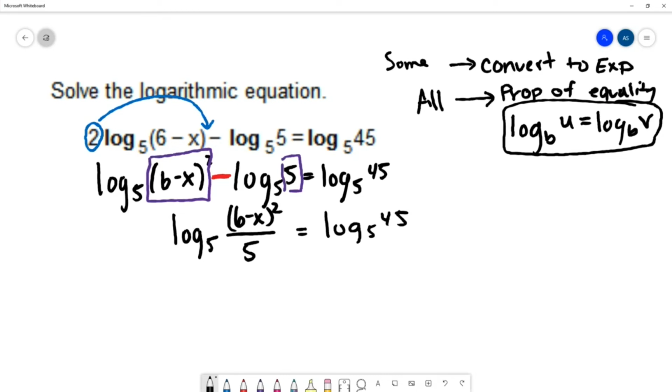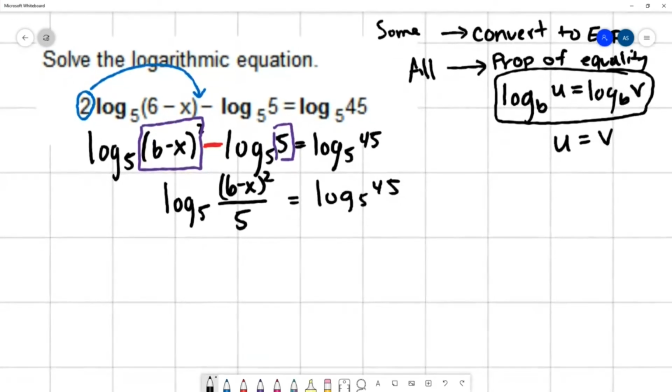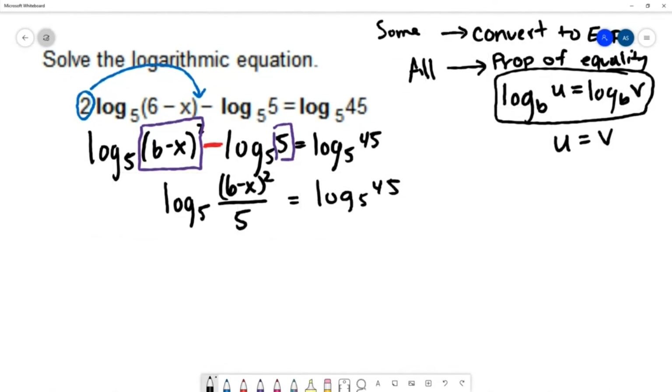And the property of equality says if you have this situation, what's inside the log on the left is equal to what's inside the log on the right. It allows me to really simplify this equation. So I get (6 minus x) squared over 5 equals 45.